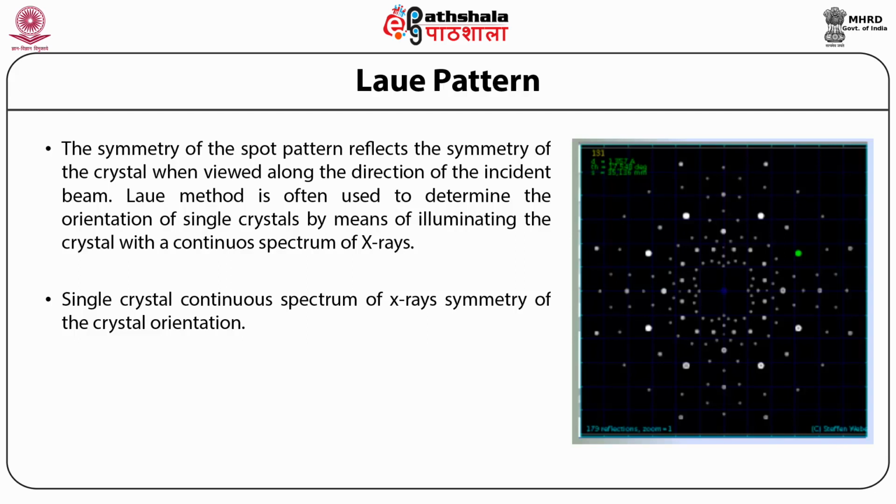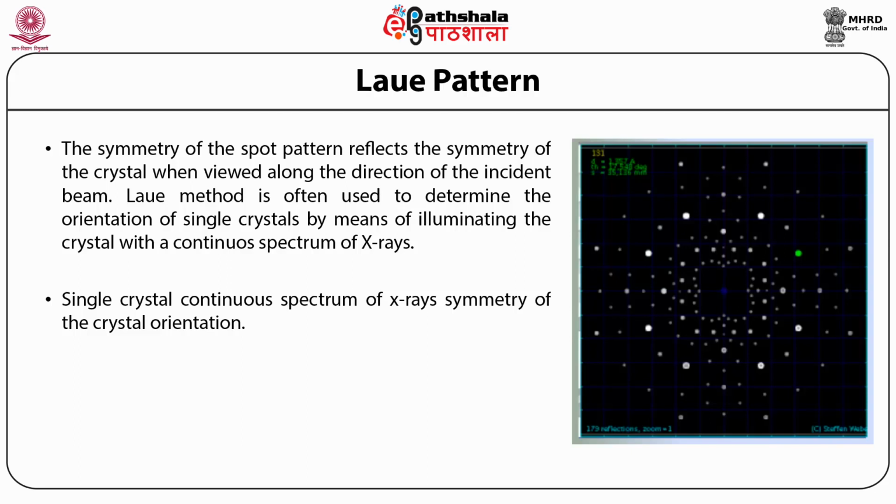You can see there are some spots which are arranged in a particular nice way, and this arrangement of spots is basically a representation of reciprocal space. We have already learned about reciprocal space, and this is a direct vision of the reciprocal space of a particular sample.